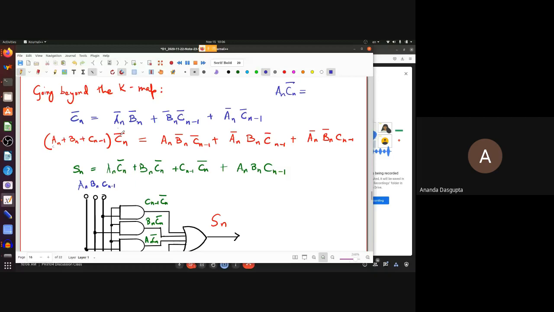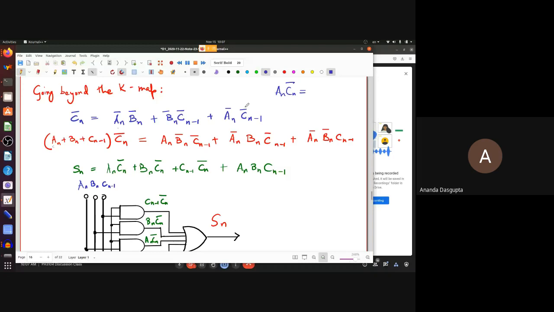Yes? Sir, it will be An, Bn bar, Cn minus 1 bar. Okay, that's correct. But the point is you'll get 3 terms, right? You'll get An bar, Bn bar, which is 0, because An bar is 0. An bar, Cn bar minus 1, that's also 0.